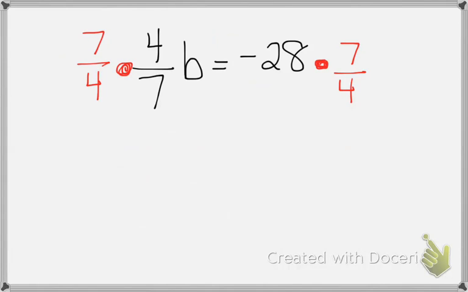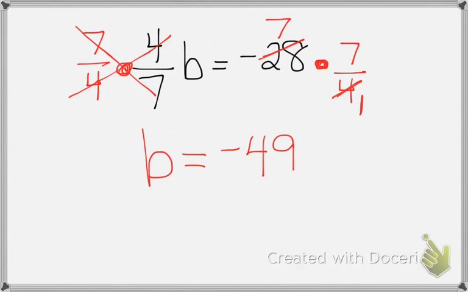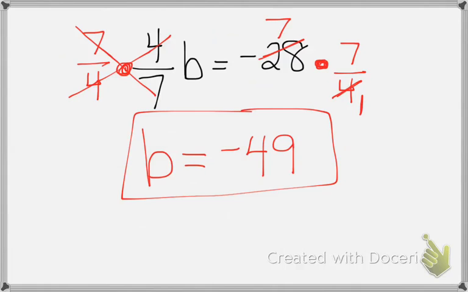And then through bikini pairing, 7s cancel out, the 4s cancel out, and now B is all by itself. And then I do my bikini pairing on the other side, I still get negative 49. Well, you choose one you like better. I like this better, it's less work, it's quicker, it gets right to the answer key. So that's how I do my problem when I'm doing a big long answer key.